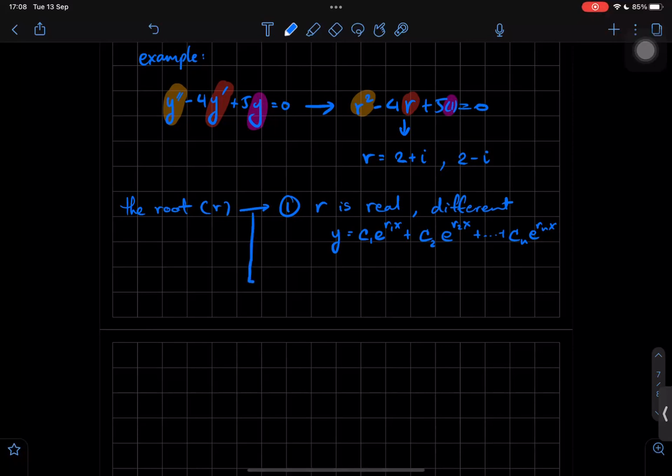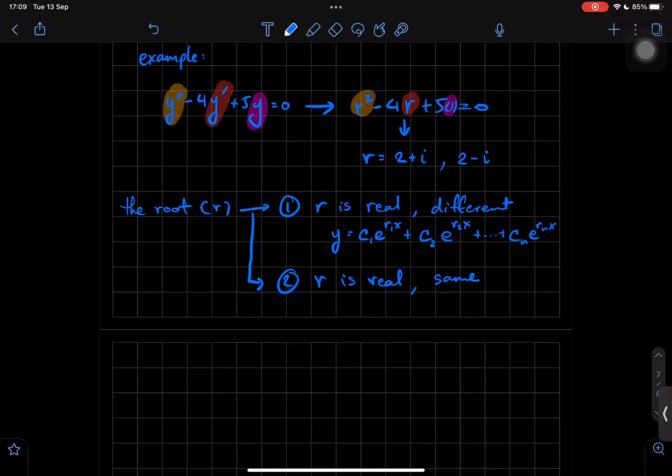In the second case, r is also real, but the same.